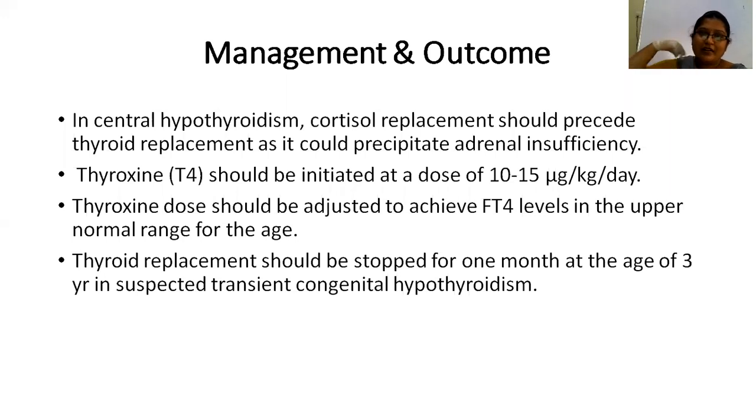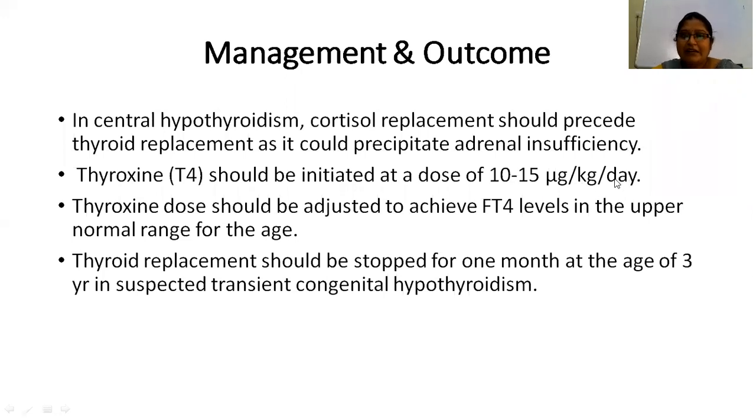So what makes the difference between early diagnosis and late diagnosis? First thing is, if there is central hypothyroidism, we should give cortisol replacement first and then thyroid replacement second. Otherwise, it will precipitate adrenal insufficiency. Okay. And in primary hypothyroidism, we have to give thyroxine at a dose of 10 to 15 microgram per kg.